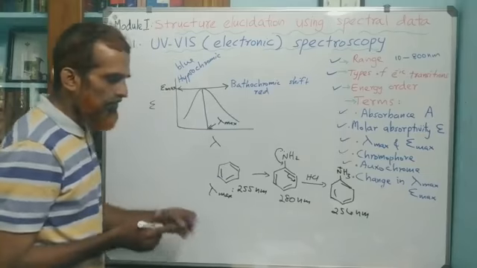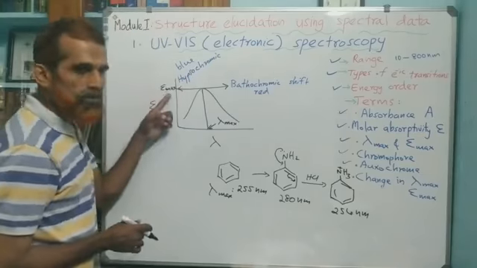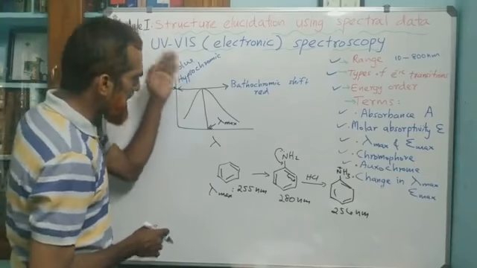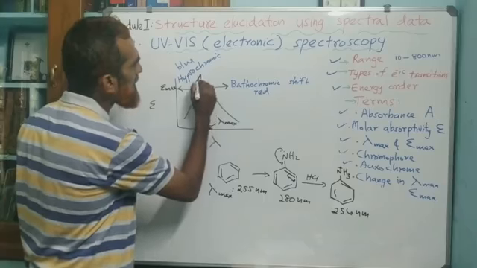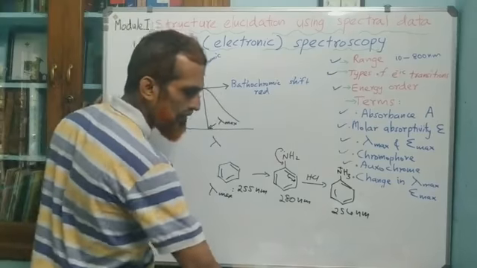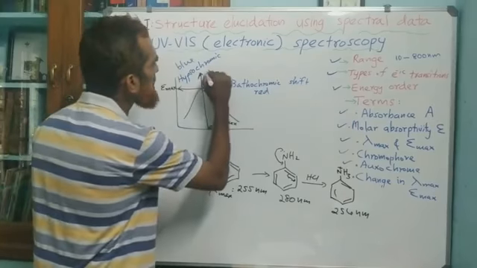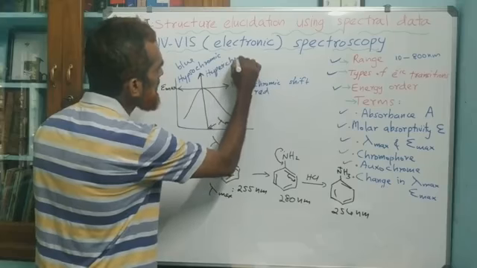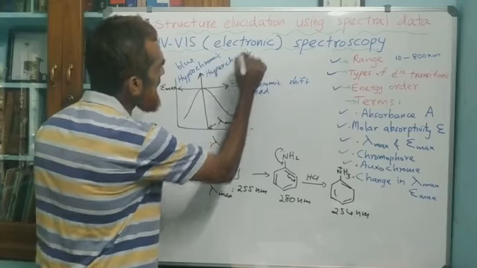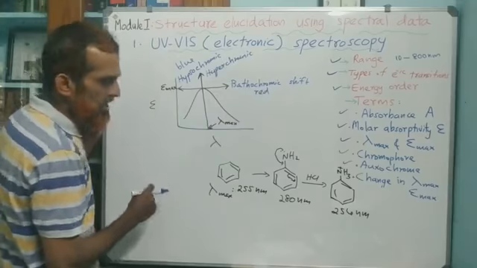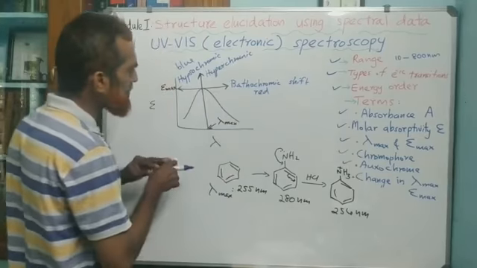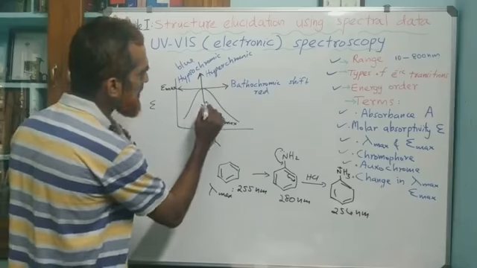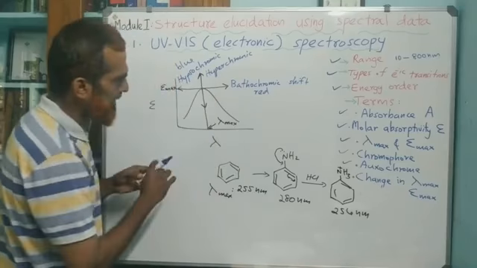Finally, if the Emax of a molecule is increasing, that means you're moving in this direction, it is known as Hyperchromic shift. Increasing Emax to a larger value. If the Emax of a molecule is decreasing, right? You are coming down.